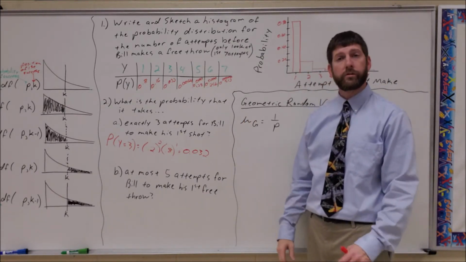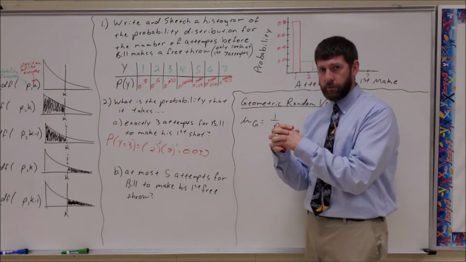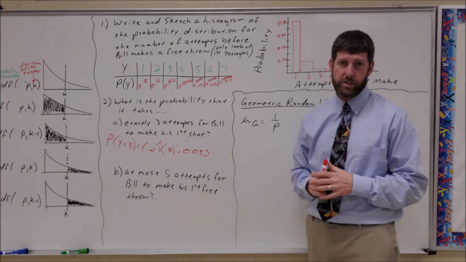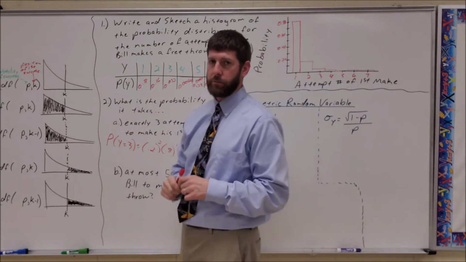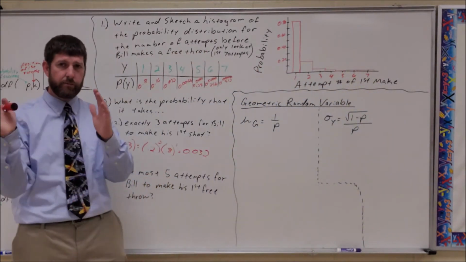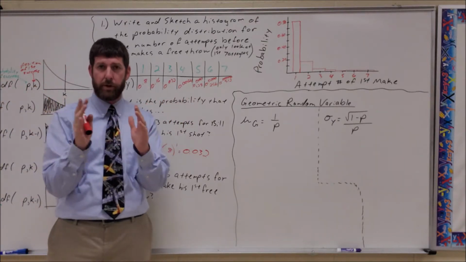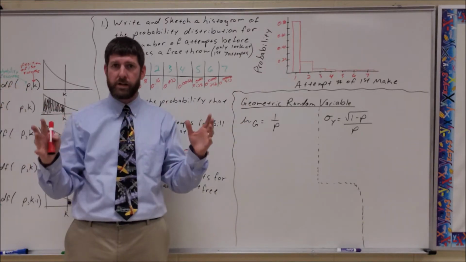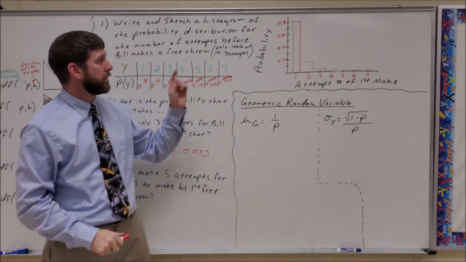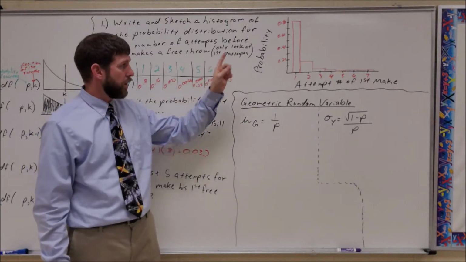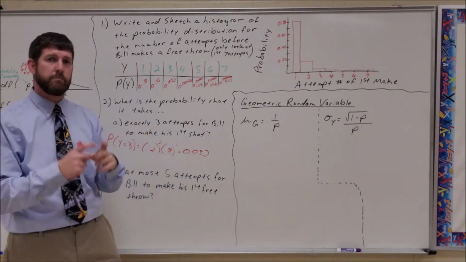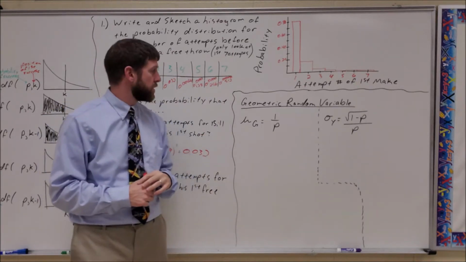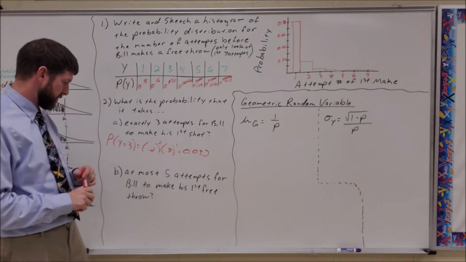That doesn't happen with binomials, because with binomials we're multiplying and getting a lot of small numbers, but we're also adding a bunch of them up. Sometimes we're adding more than others together. That's what the binomial coefficient does. So your binomial can take on any shape, and we know that when we get really, really large numbers of trials, that shape becomes normally distributed. Geometrics don't do that. Geometrics will always have this right skewed shape because the highest probability outcome is always that first success on the first attempt.